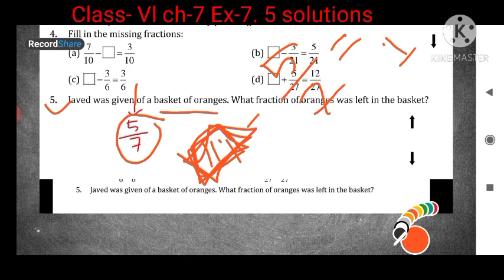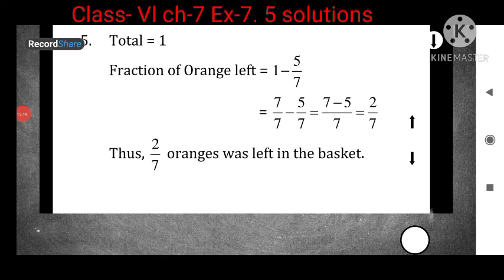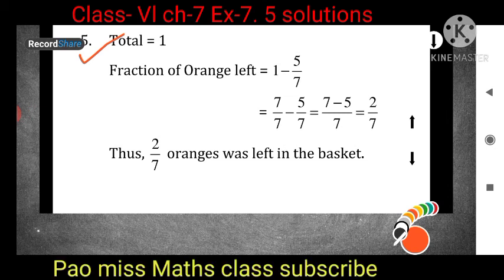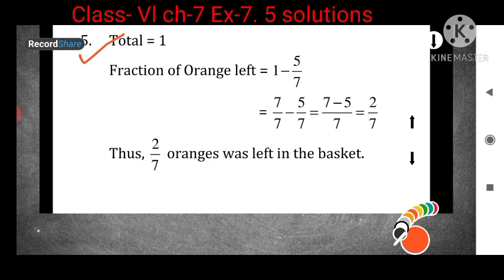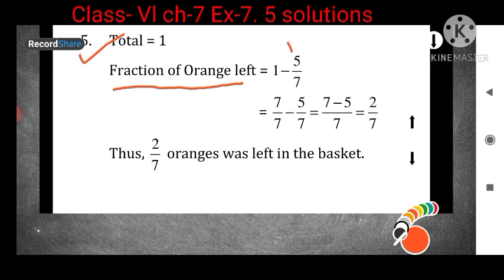Okay, so I will show you the solution. So total is 1. 1 means 1 basket. Because one full basket is there, we have to assume it as 1. So the fraction of oranges left is equal to 1 minus 5 upon 7, because he gave away 5 upon 7.